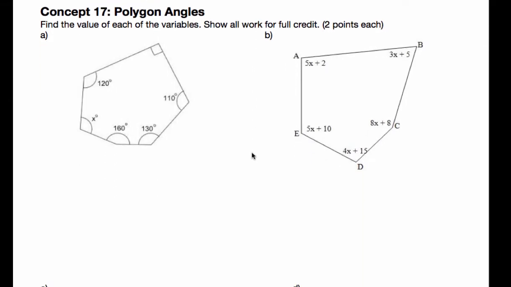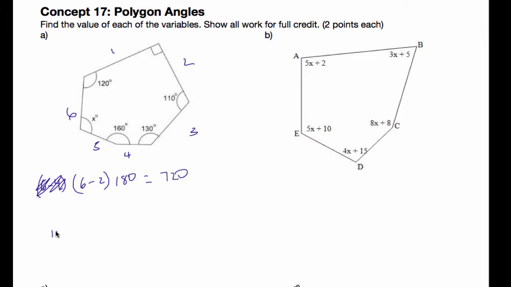When we're looking at polygon angles, we've got to know what shape we're dealing with here. And if we're dealing with a shape that's got 1, 2, 3, 4, 5, 6 sides, my total number of degrees is going to be 6 minus 2 times 180. So my total is going to be 720.